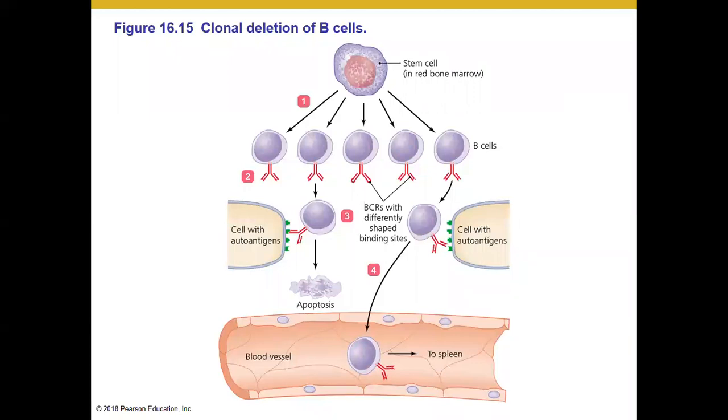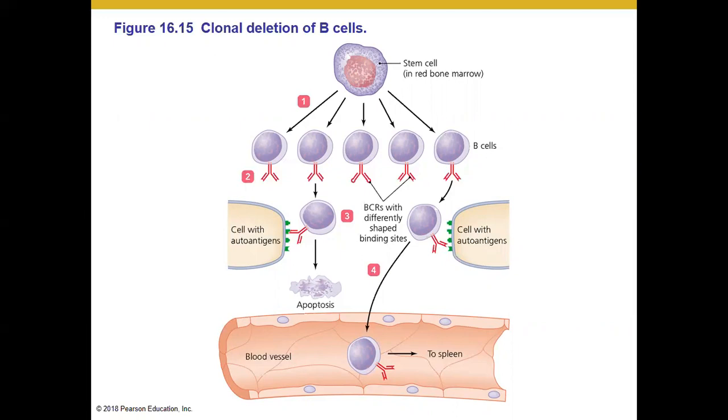But here you can see B cells that have their B cell receptors on their surface. And it's saying cells with autoantigens. What's really cool is that in your body, you basically have cells that produce different antigens that would be seen throughout the whole body, and they test these cells with these antigens. Here, this unlucky fellow recognizes an autoantigen.